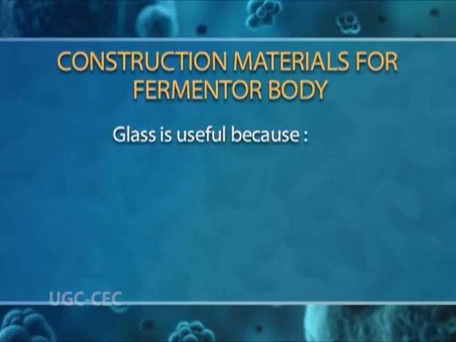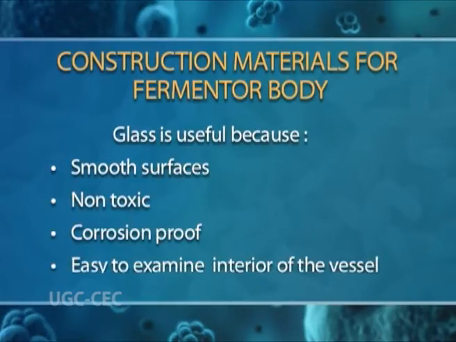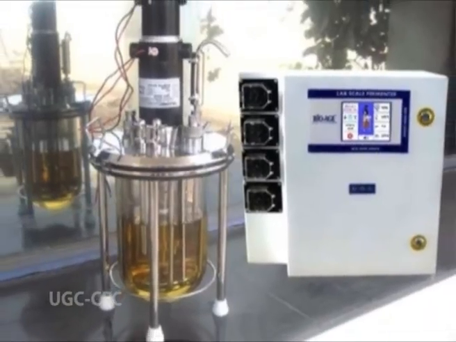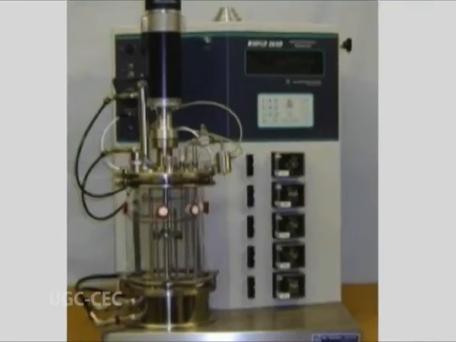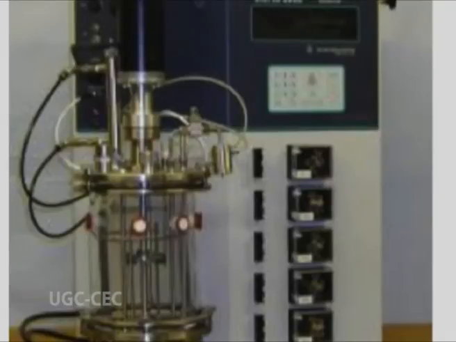Glass is useful because it gives smooth surfaces, is non-toxic, corrosion proof and it is usually easy to examine the interior of the vessel. Two basic types of fermenters are used: a glass vessel with a round or flat bottom and a top flanged carrying plate, and a glass cylinder with stainless steel top and bottom plates.